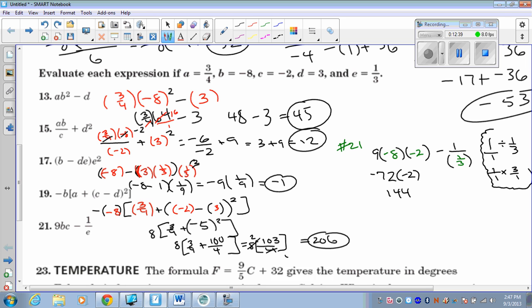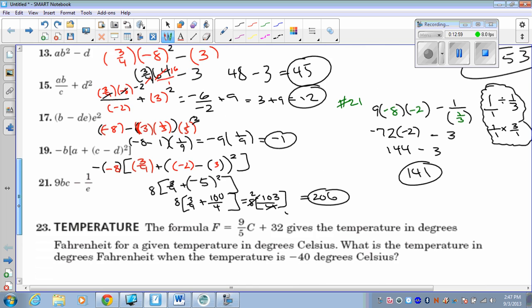So I end up with 1 over 1 times 3. Multiply across the top, multiply across the bottom, and you end up with just regular old 3. Alright, so then I got 144 minus 3 is 141. How's that? Not so bad, right?